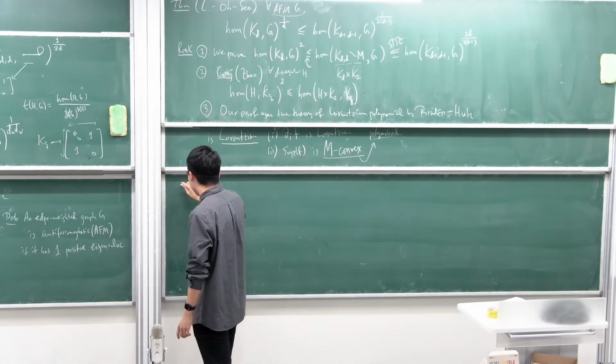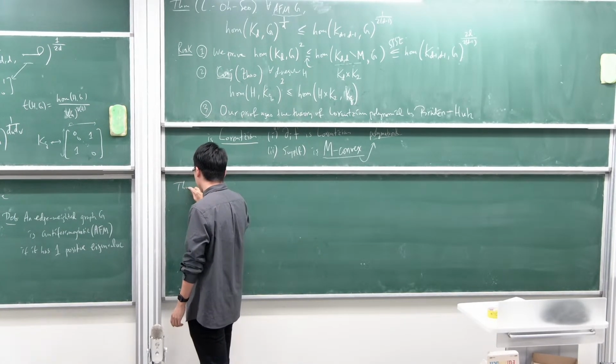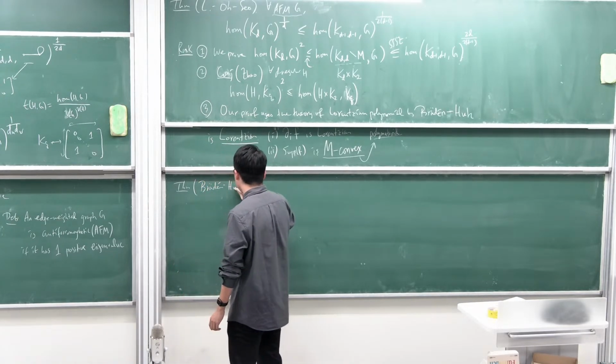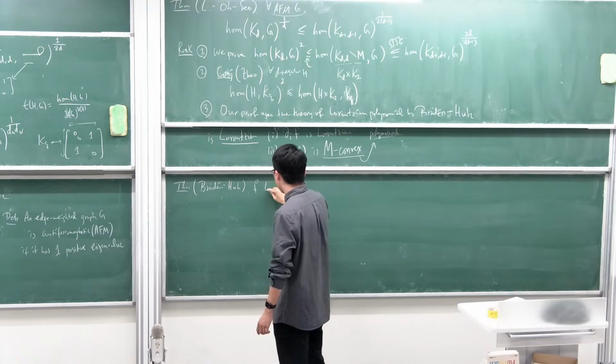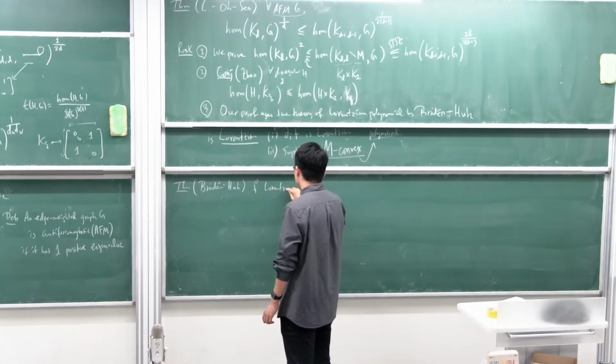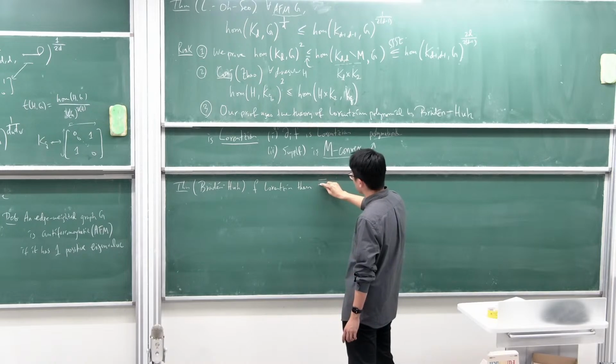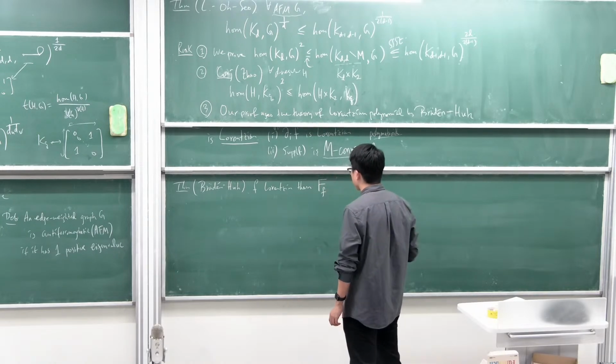Okay, so as an application, this is a theorem by Petter Brändén and June Huh. If f is Lorentzian, then we have this large F sub f.